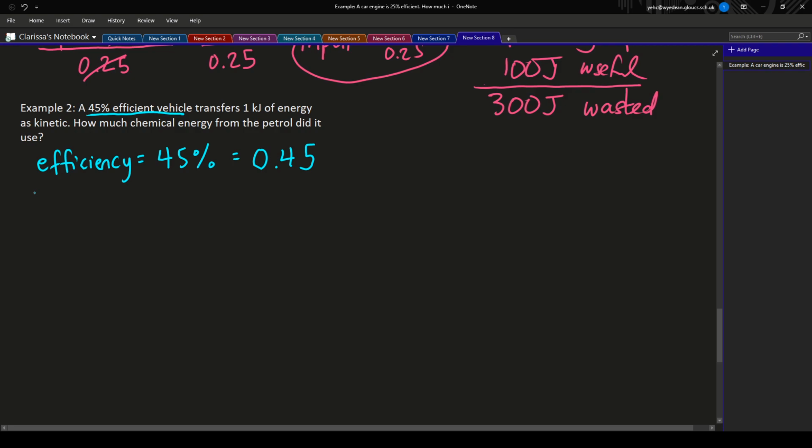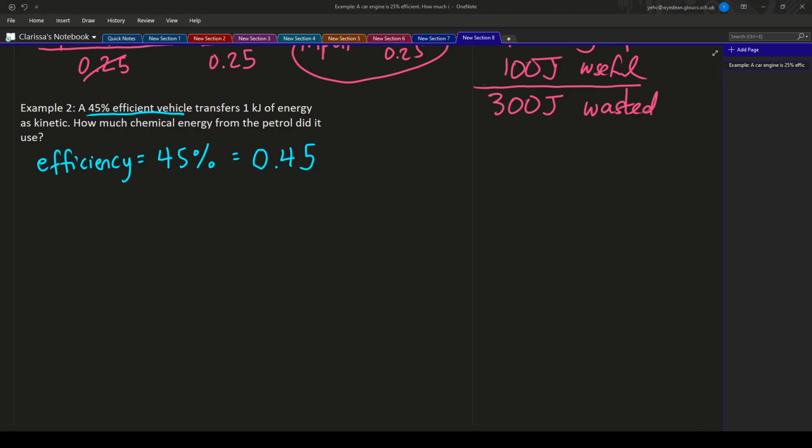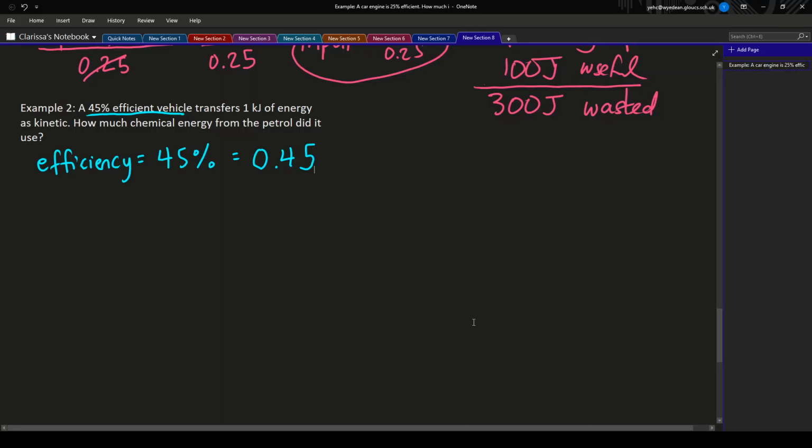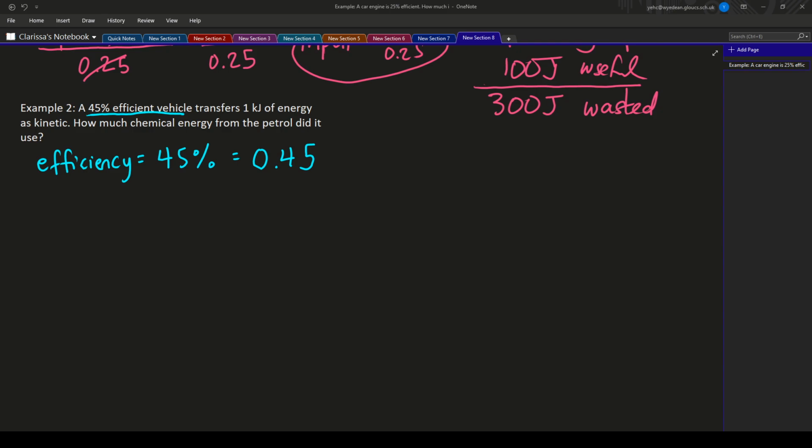Am I going to write it as useful, wasted, or input? Think about how it's a vehicle.